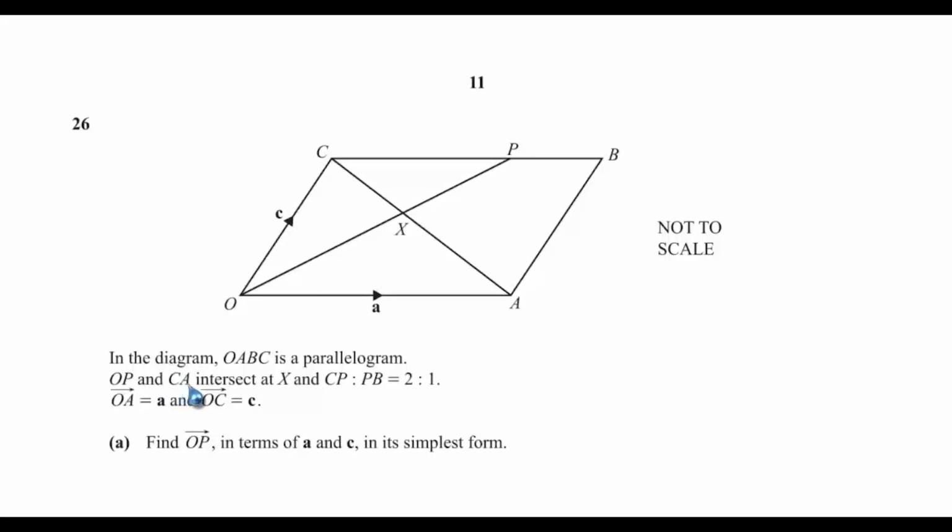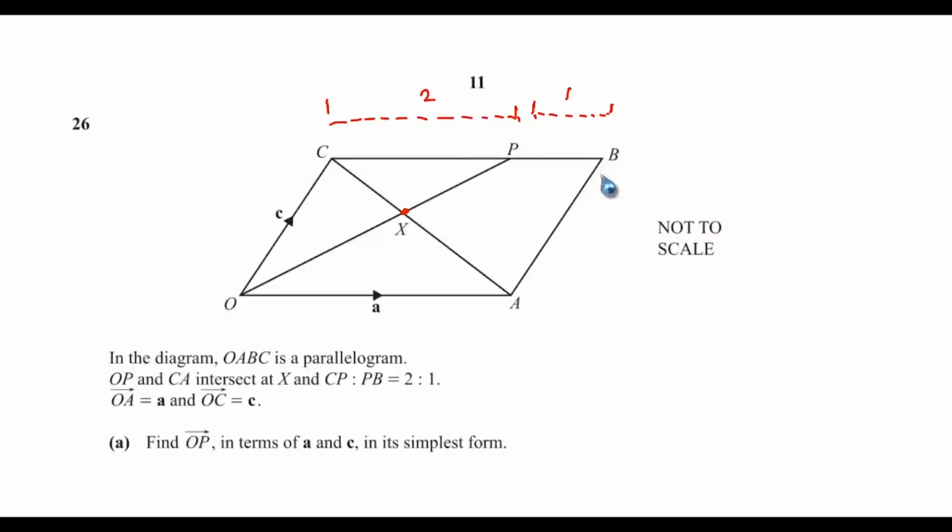Then OP and CA intersect at X, and OP, this is OP, and then CA, this CA, they intersect here, at point X, and CP ratio PB, that is CP, this one here, you can put a line here, CP, then ratio PB, this one here, that's from here to here, and from here to here, they are in ratio 2 to 1.